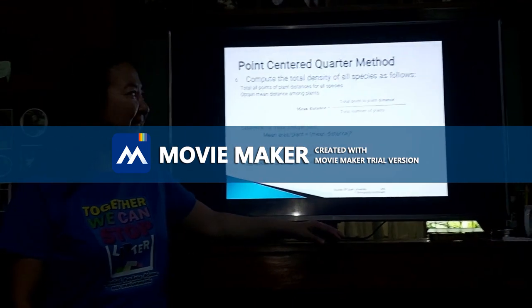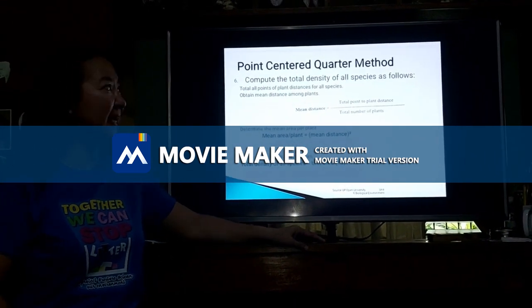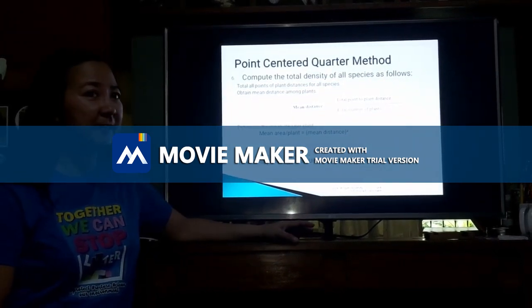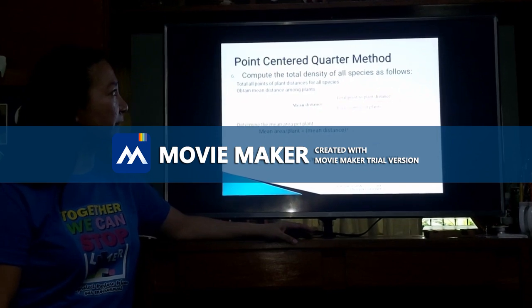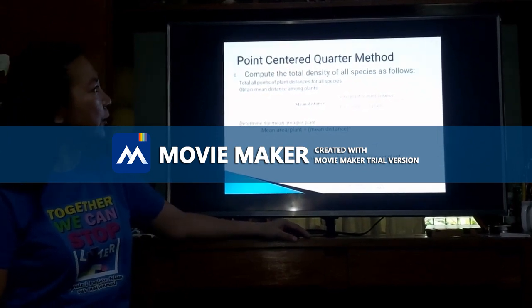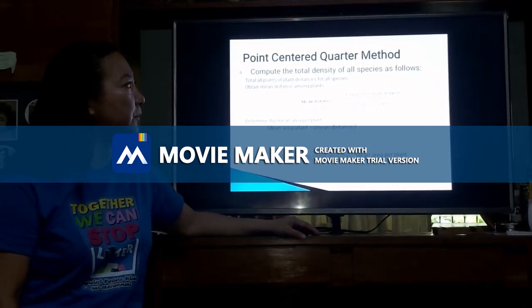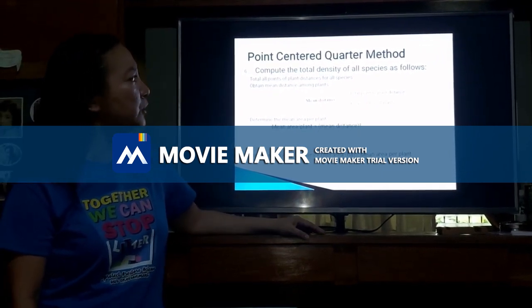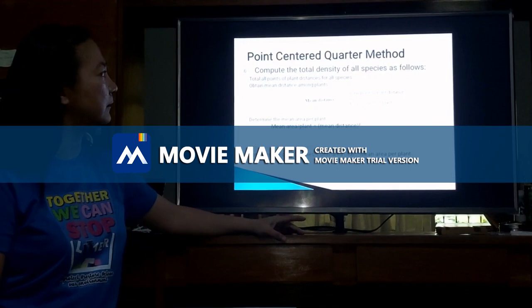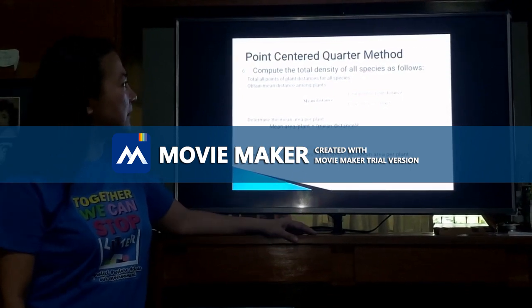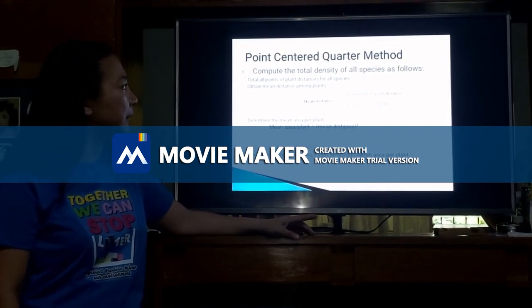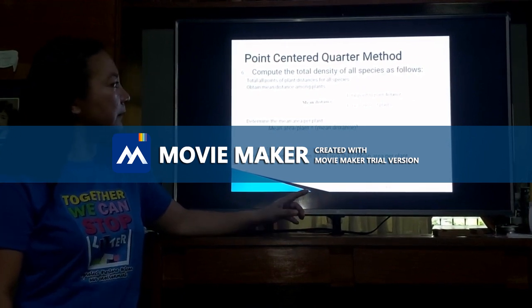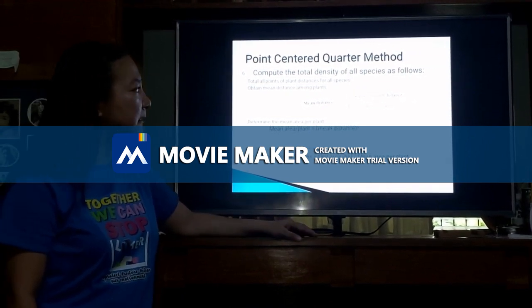Hi classmates, I am Maria Esperanza, and after we conducted our vegetation analysis using the point-centered quarter method, we computed the total density of all species using the following formulas. For the total plant distances, we obtained the mean distance among plants.